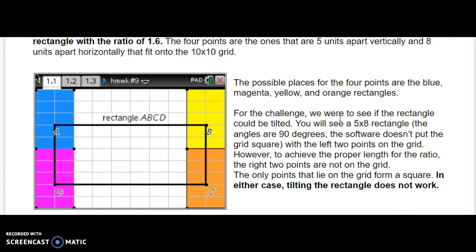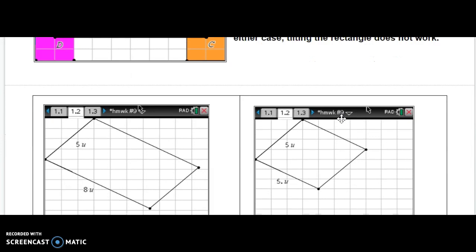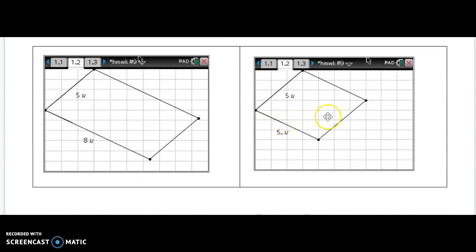So then the challenge was to see if a rectangle could be tilted. Well, I soon figured out that if we need a 5, I could use a triangle. Again, these are not square. So I put a 3, 4, 5 triangle in the upper left-hand corner and extended this out 8 units.